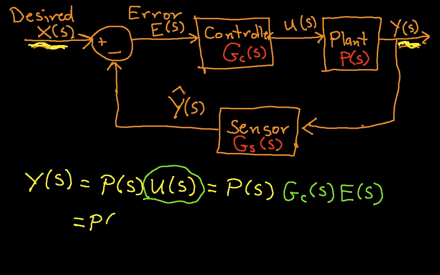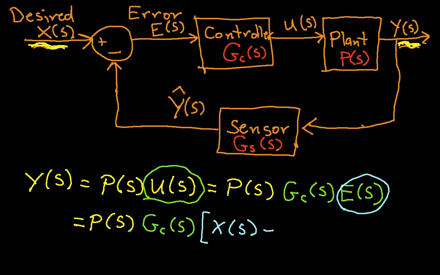And the error signal, see how many times we can change colors in one equation. This error signal is given as the desired value minus the estimate of the plant output. And finally, the estimate of the plant output.